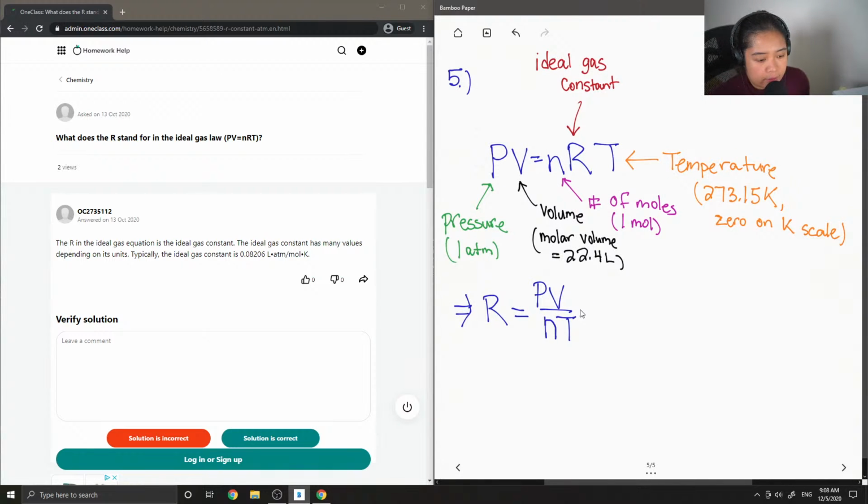So now I'm just going to sub in our values to show how all the units of R come to be.